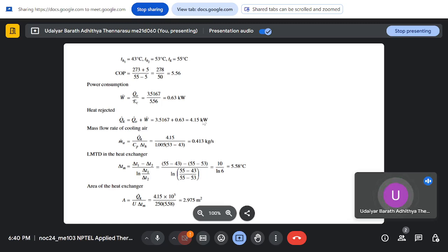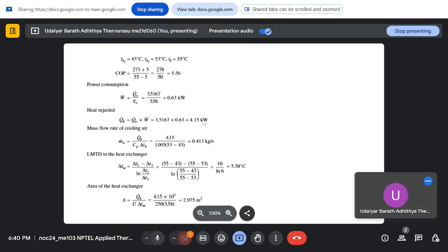Q is in kilowatt and Cp is in kilojoules, and delta T is the change in the air temperature, which is given. The inlet is at 43 and the outlet is 53, so there is a 10 degrees rise. So 4.15 divided by 1.005 into 10 will give you 0.413 kg per second. That is the mass flow rate of cooling air passed through the condenser.